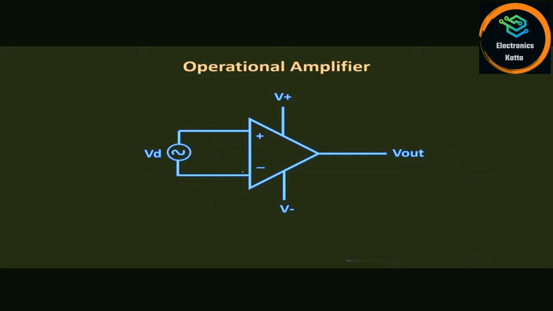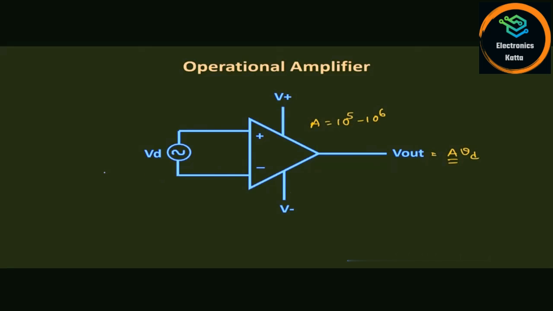So now suppose we apply the input signal between these two positive and negative terminals, then at the output we will get A times this differential input signal, where A represents the open loop gain of this operational amplifier. Now this operational amplifier is a very high gain amplifier, and the value of gain used to be in the range of 10 to the power 5 to 10 to the power 6.